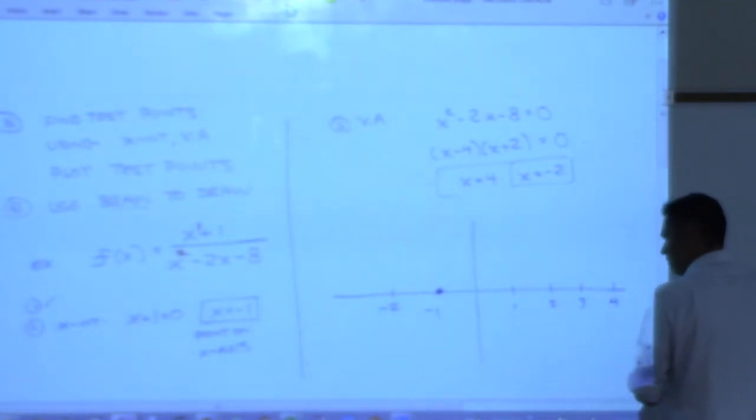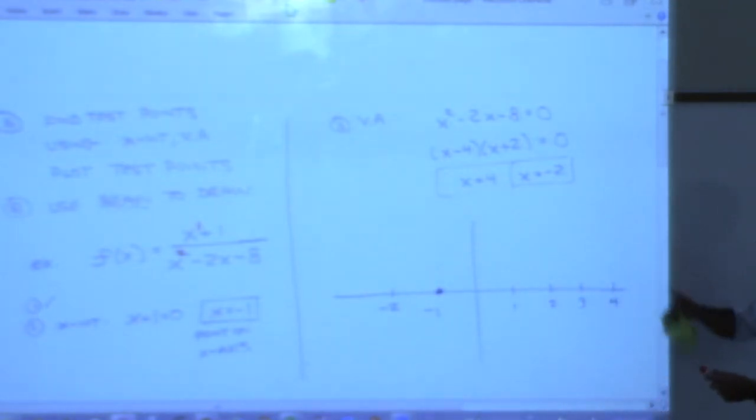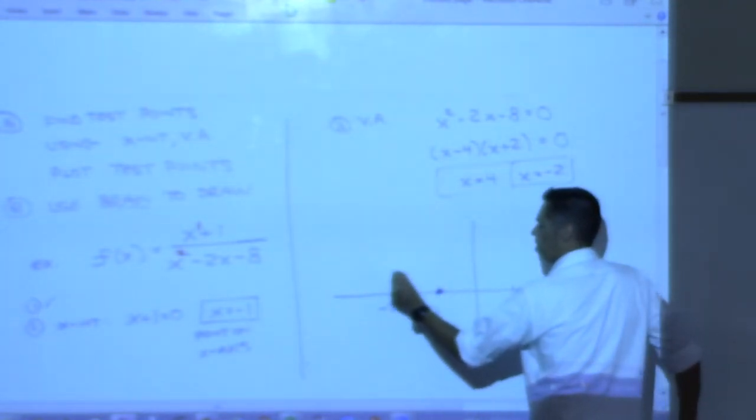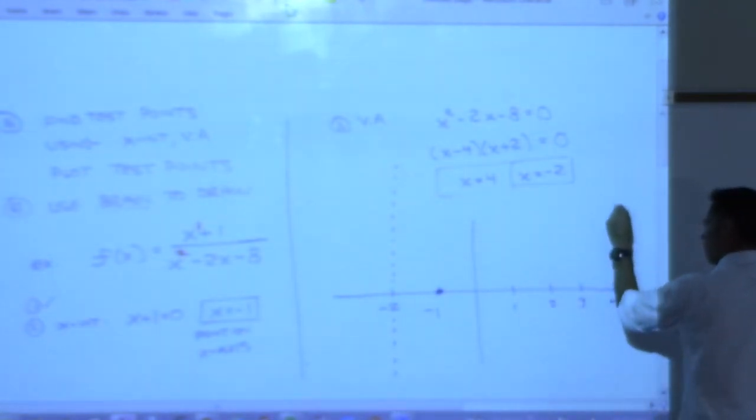And what were these? Vertical dotted lines. I also know from step 4 that I have a horizontal asymptote on the x-axis.